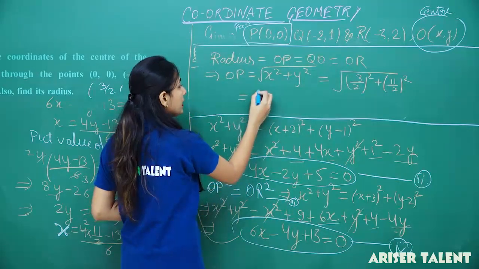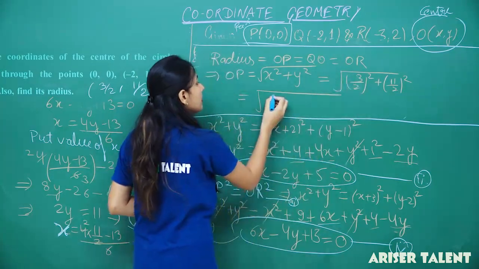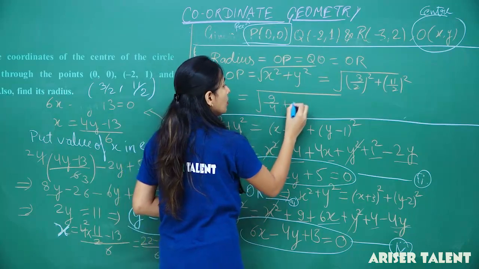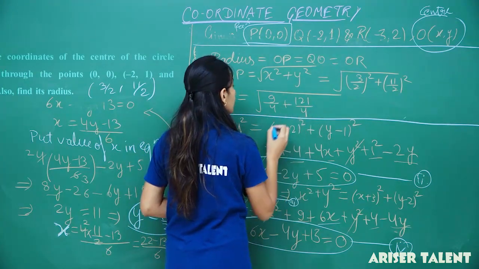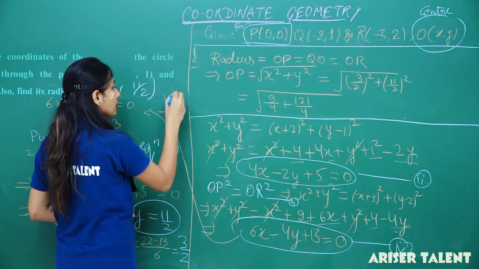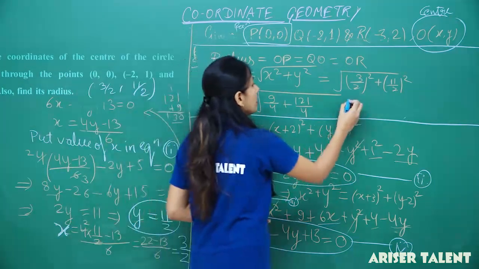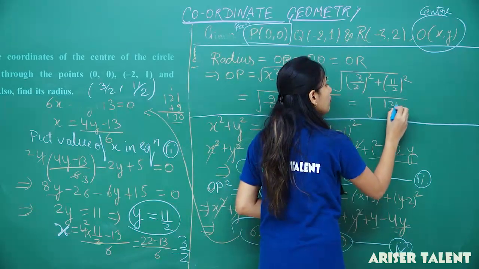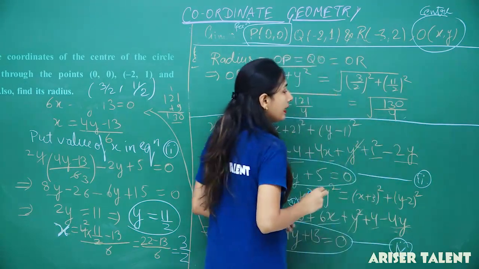So from there you can calculate it. 3 threes are 9 by 4, 121 by 4. So 121 plus 9, that is 130 by 4, right.